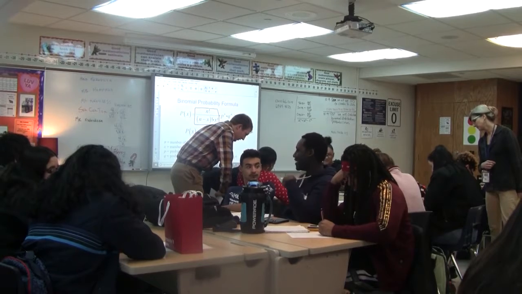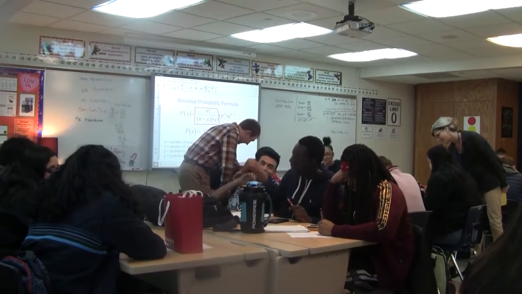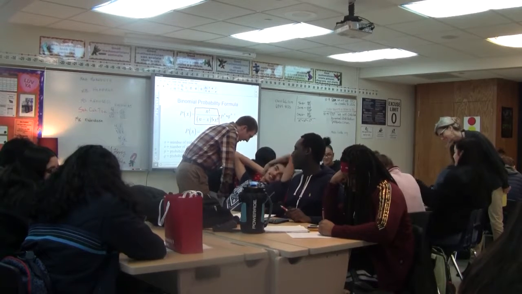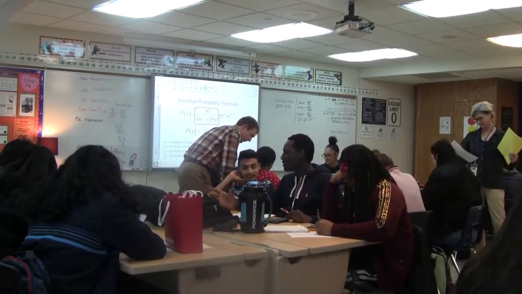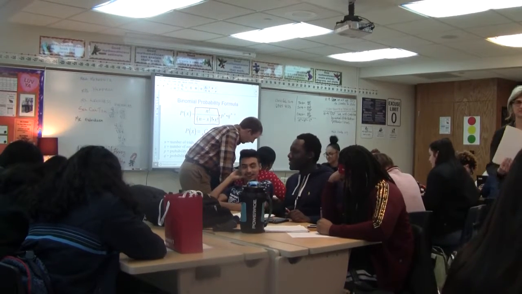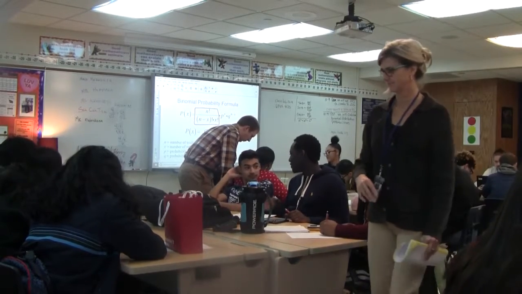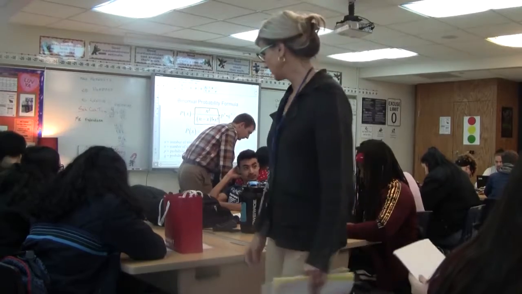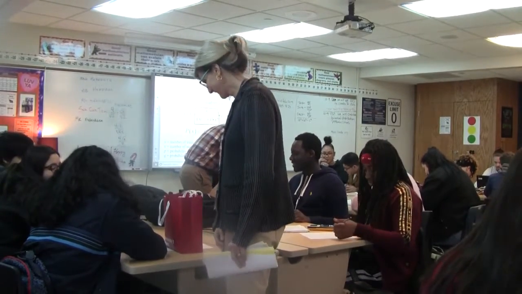And then q is the probability of failure. You should have all of them. So what's 1 minus 0.0?